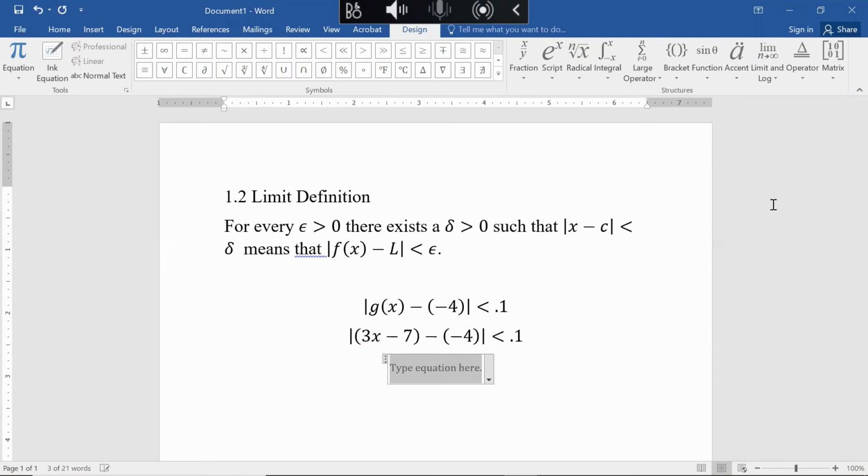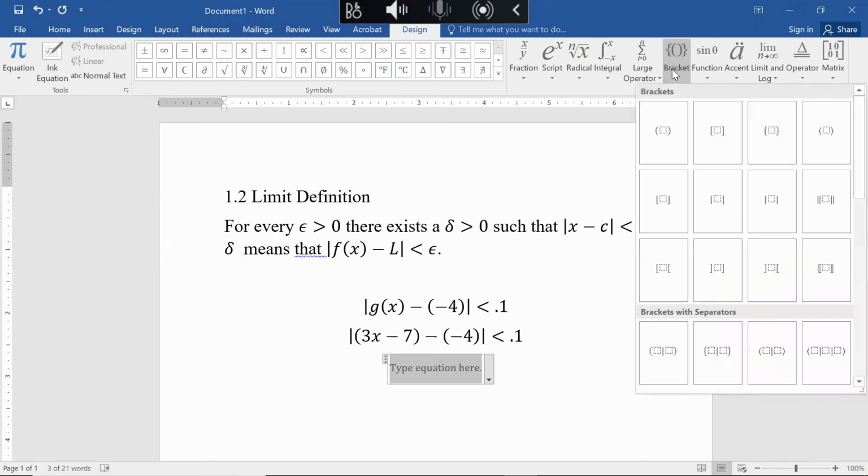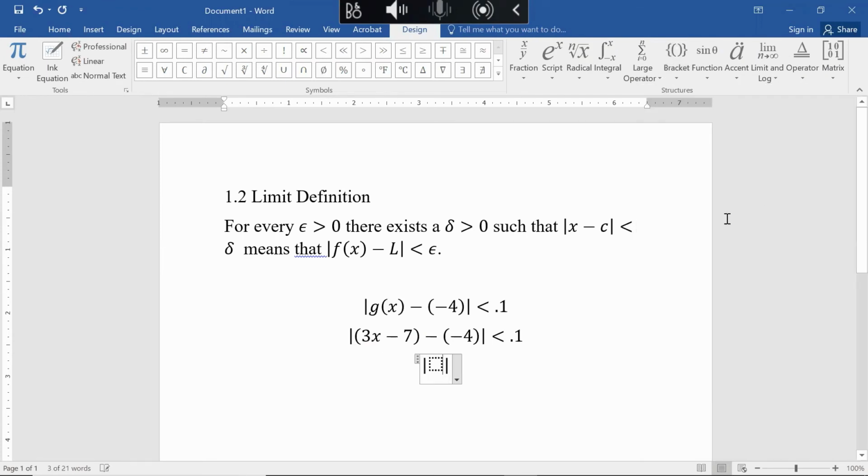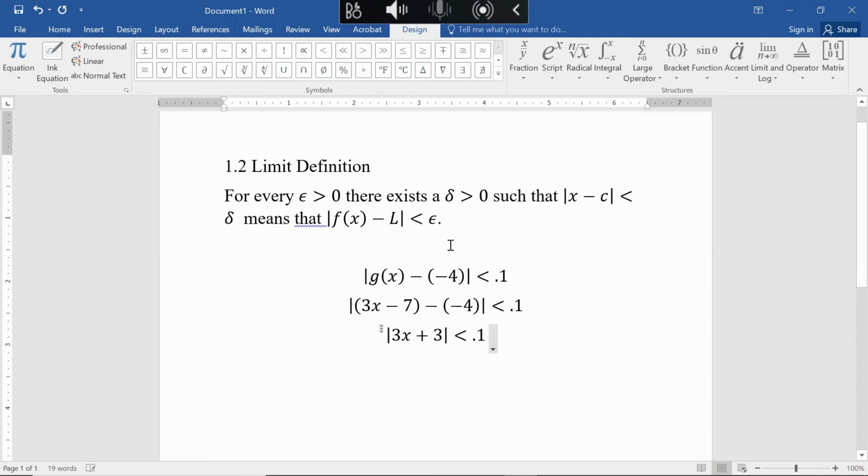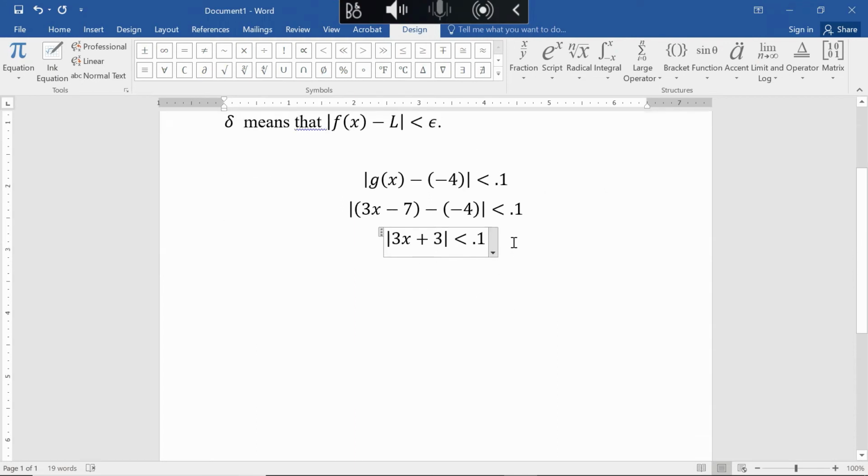So let's clean this up a little bit. We can simplify the insides. So the inside would say 3x, well, if you do -7 minus -4, so that's -7 plus 4, you get 3x plus 3. And then we deal with the absolute values.